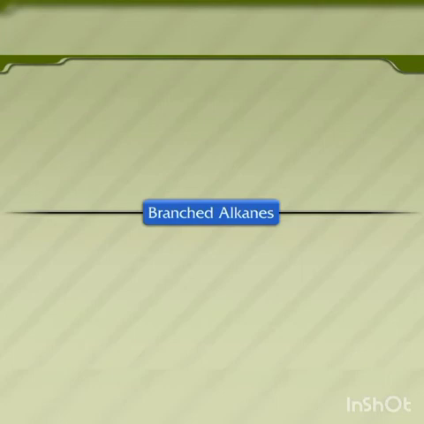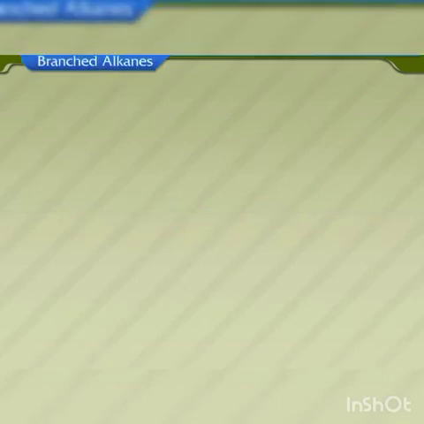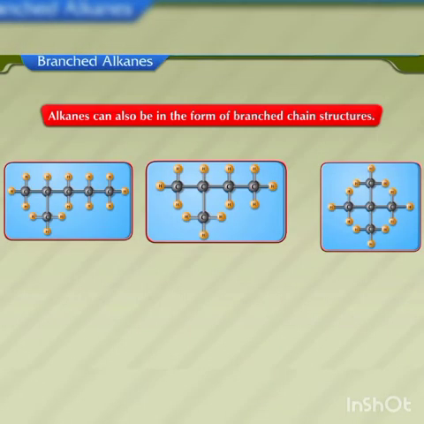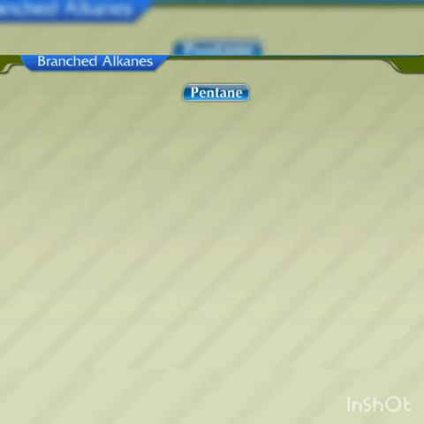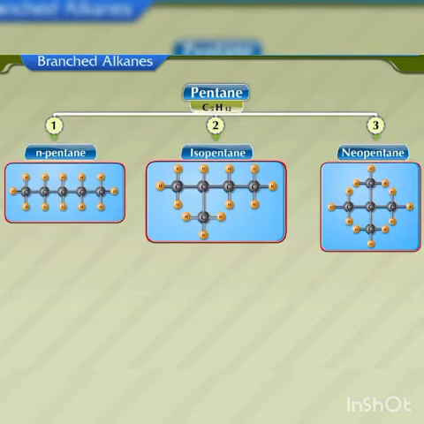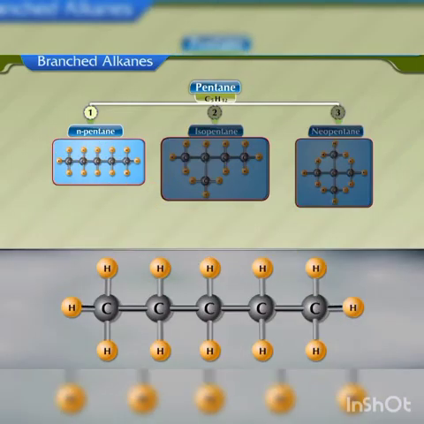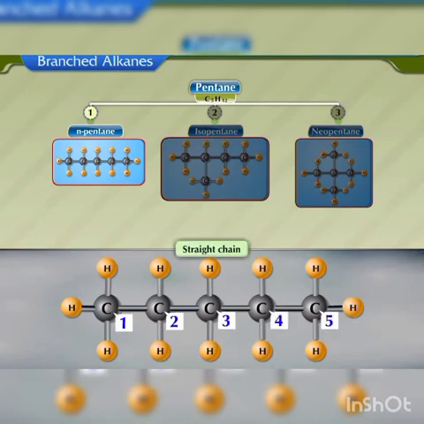Branched alkanes. Alkanes can also be in the form of branched chain structures. Take the example of pentane. The molecular formula of pentane is C5H12. Pentane can have 3 structures. The first structure has 5 carbon atoms in the form of a straight chain.